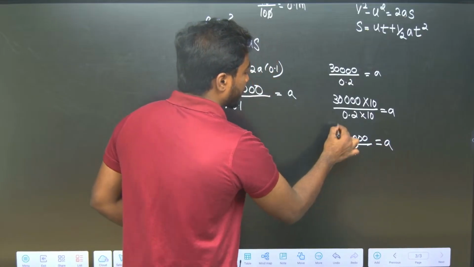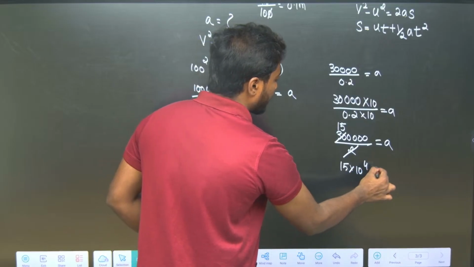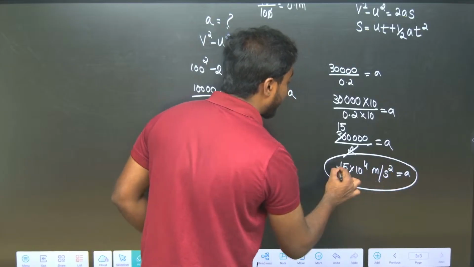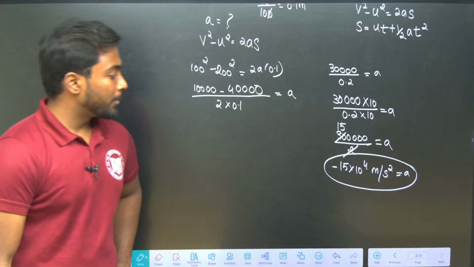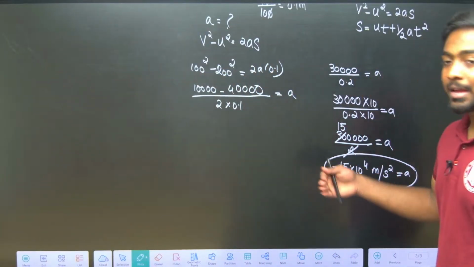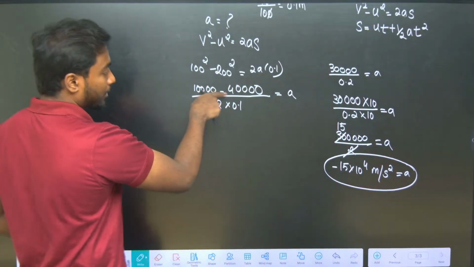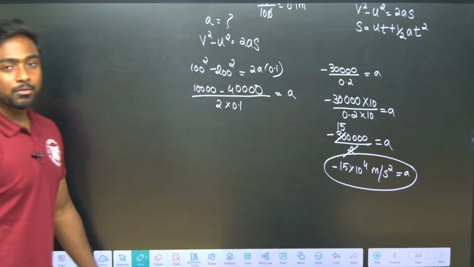So 1 times, and this is 15 times. So 15 into 10 power 4 meter per second square will be my acceleration, I mean retardation. So minus 15 into 10 power 4 will be my retardation. Why minus? Minus because it is reducing. So I need to add minus here, right? Yes. So this is my answer.